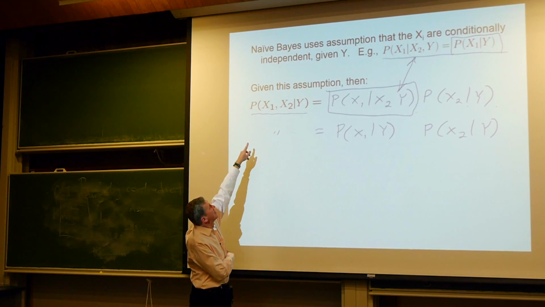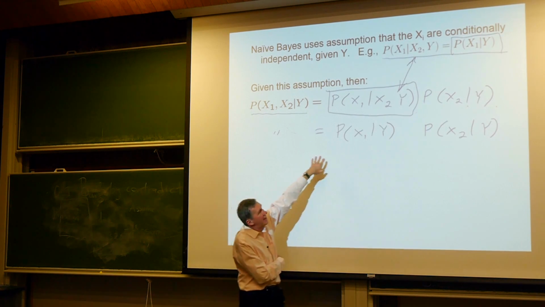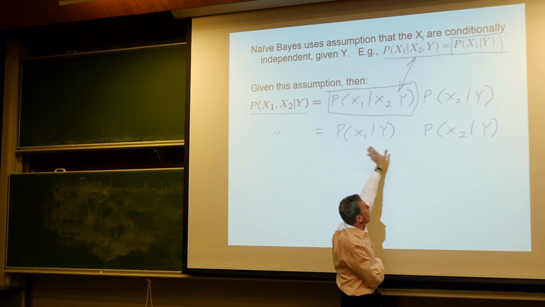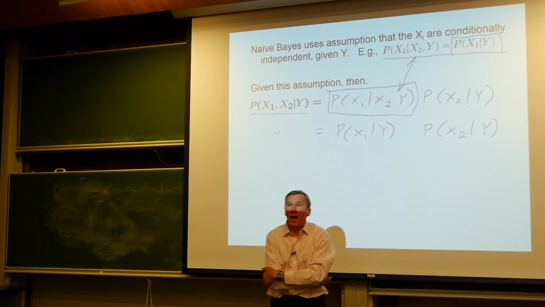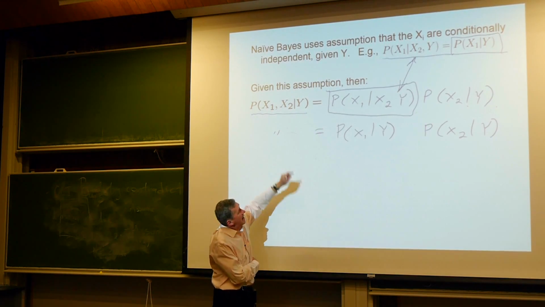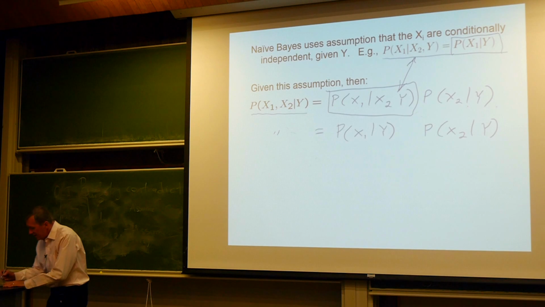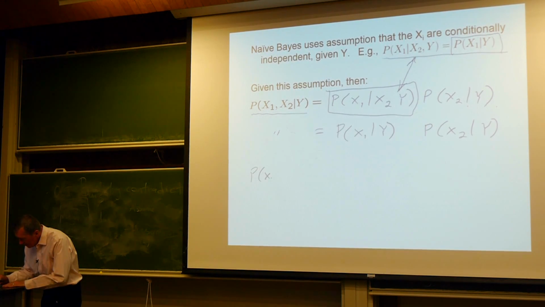Similarly, if we had an x1, x2, x3, then you can work out and see that it'll just turn out to be the product of this term times p of x3 given y. In fact, no matter how many x1 through xn's I put there, this will just be the product. Product we'll often write this way.